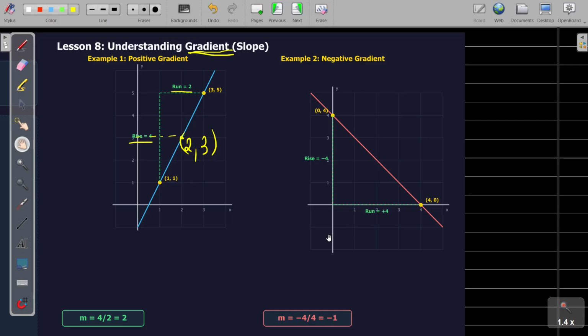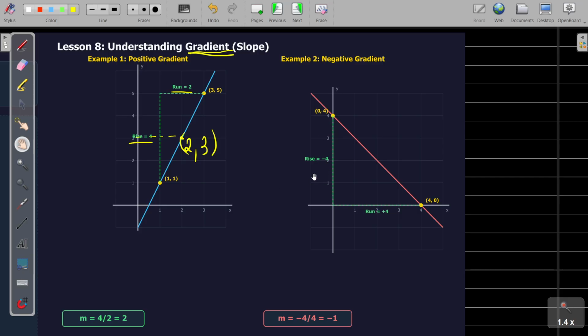Let's continue with the run. It is always calculated by moving to the right. So from left to right, from 0 to 4, the run will be positive 4. So we got our first positive number here on the downhill line. Again, repeating our rule, rise over run.